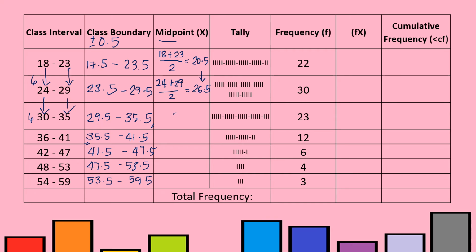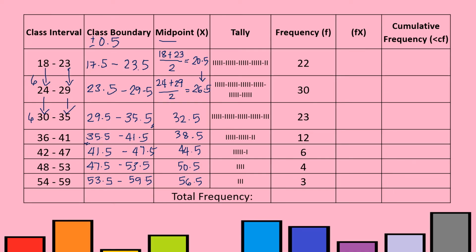The next midpoint will be 32.5, and then 38.5. The next one is 44.5, then 50.5, and then 56.5. Try to check it using this formula, or by getting the average of the interval.